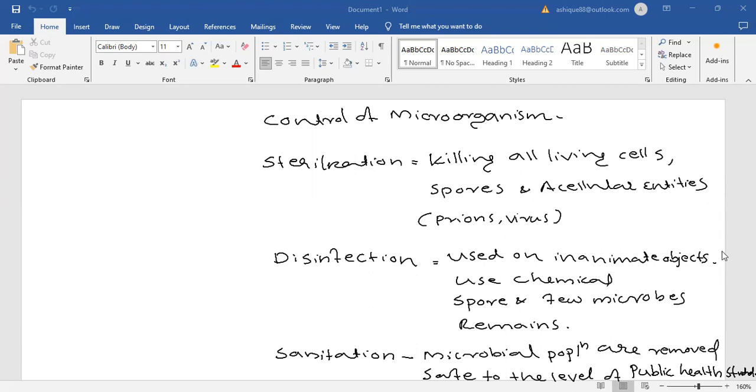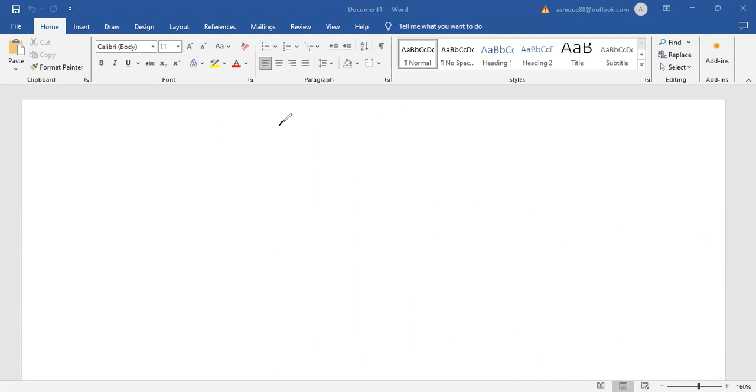Another terminology that we are using is antiseptics. Antiseptics are used on tissues. If you are using them on tissues, living things, you can call it an antiseptic.